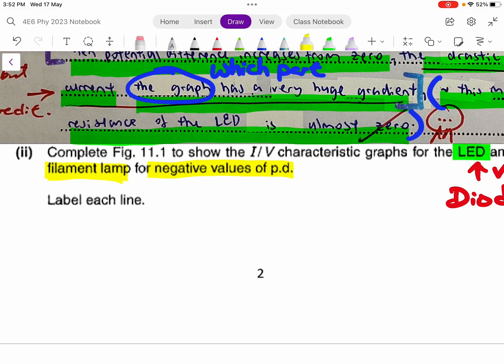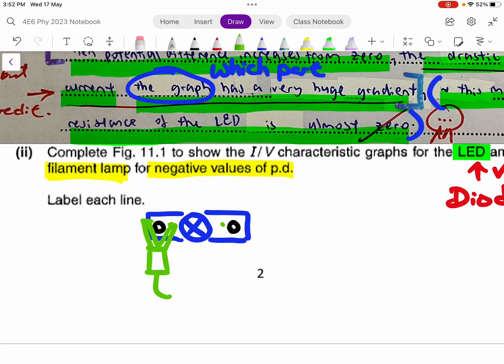You ask yourself, light bulb, filament light bulb, where did I use it before? In the lab. How does the filament light bulb look like? Oh, it's like this. There is one light bulb, then some plastic casing, then two pins. This is where you will put your crocodile clip, right? Then you put your thing, right?